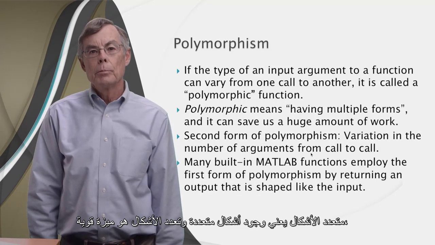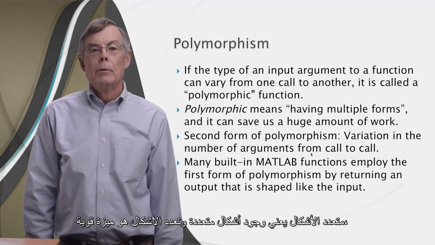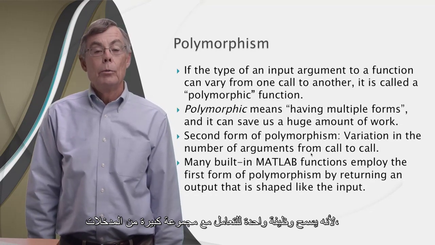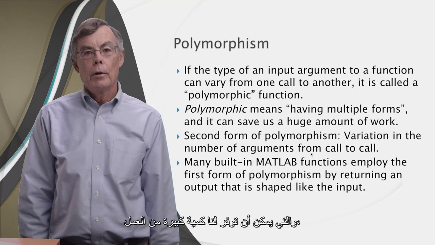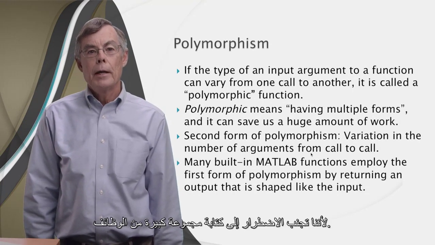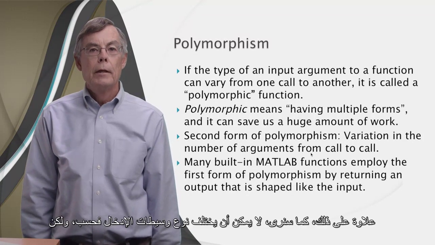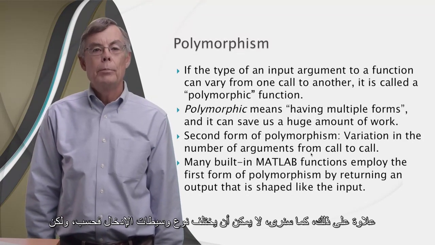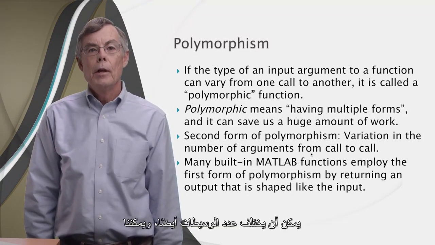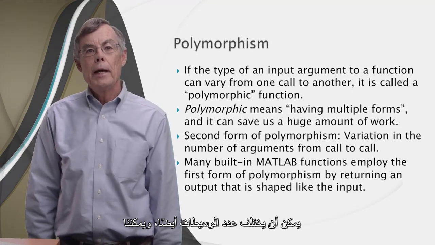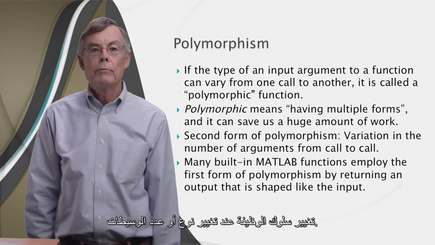Polymorphic means having multiple forms, and polymorphism is a powerful feature because it allows one function to handle a huge variety of inputs, which can save us a huge amount of work because we avoid having to write a huge variety of functions. Furthermore, as we'll see, not only can the type of the input arguments vary, but the number of arguments can vary as well. And we can make the function's behavior change when the type or number of arguments changes.